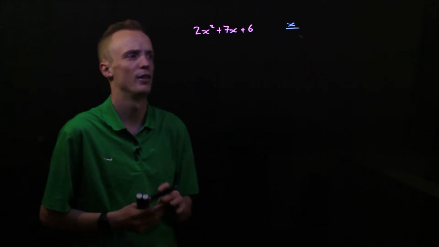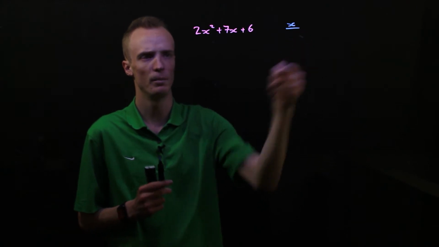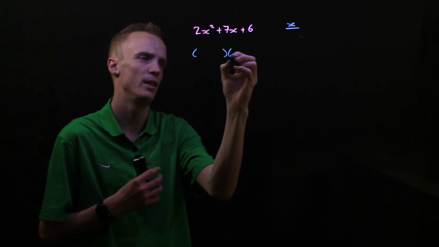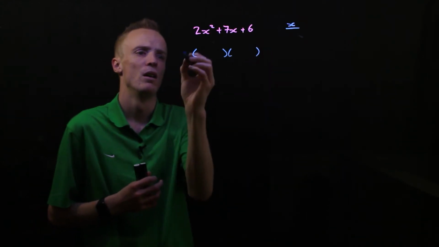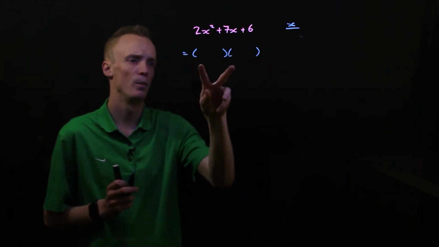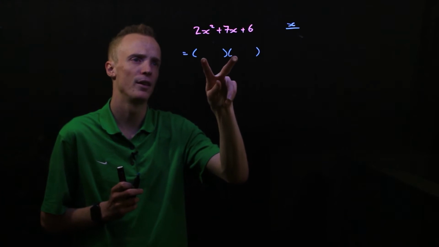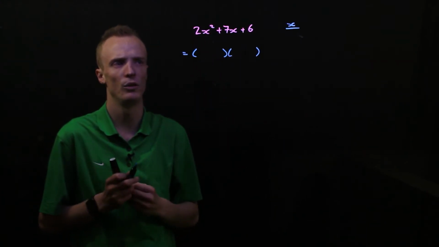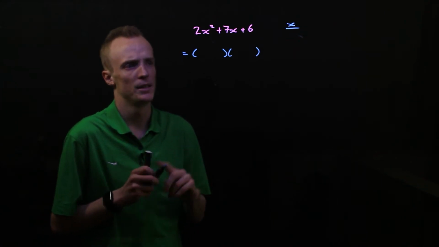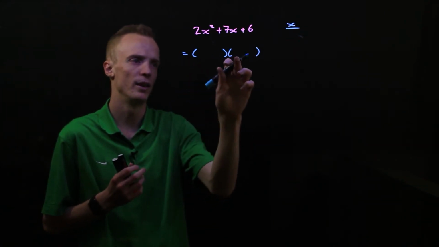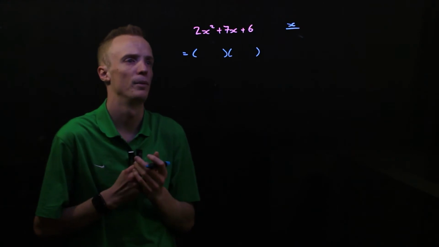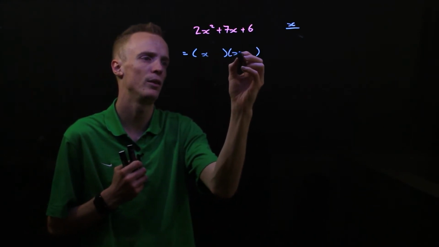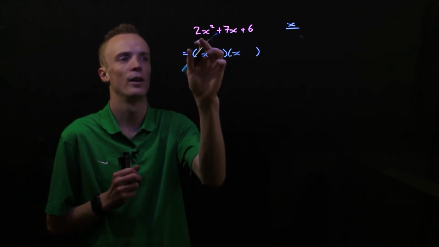Now, I know that when I put this into brackets, when I multiply the first together, it should equal my first term. So it should equal 2x squared. So that means, assuming of course that these two terms are both x terms, that I will need to multiply these two together and it equals 2x squared.